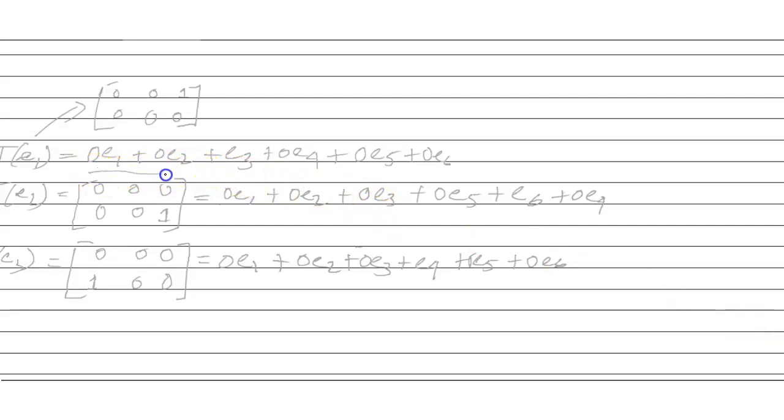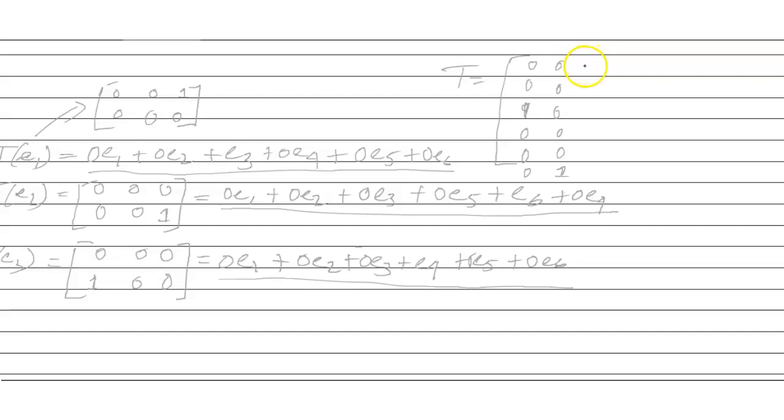So friends, I will not work so much because this is very simple. So you can easily guess the matrix should be this way. My matrix, T matrix, is 0 0 0 0 0 1, sorry, 0 0 1 0 0 0, and another is 0 0 0 0 0 1.